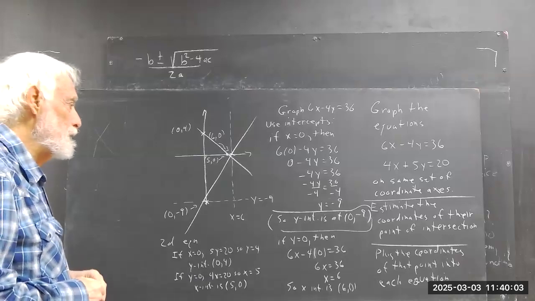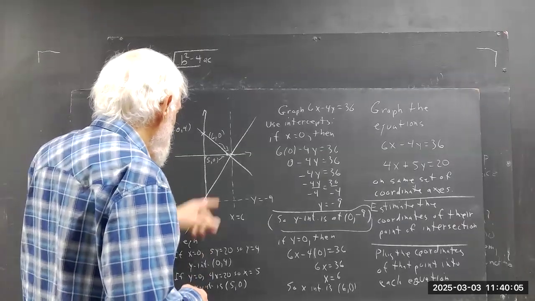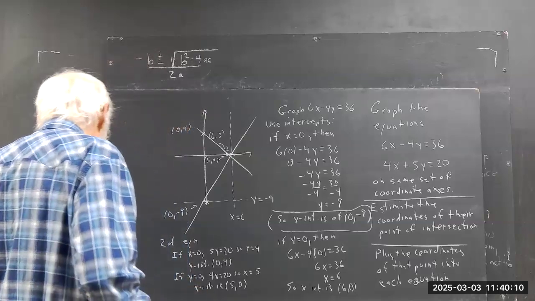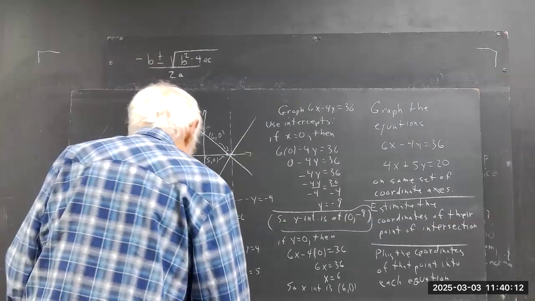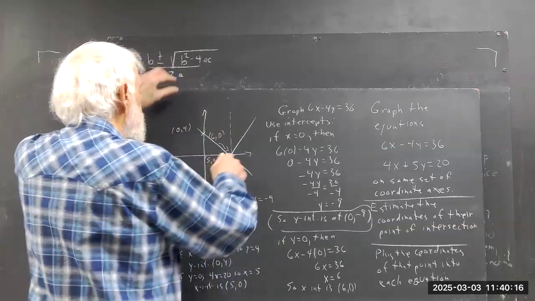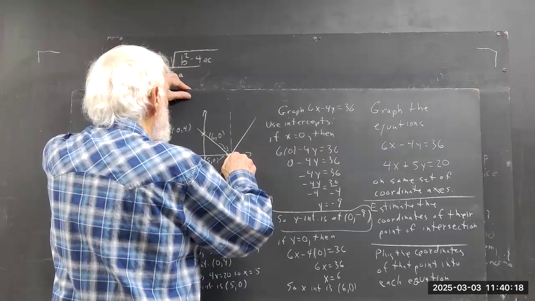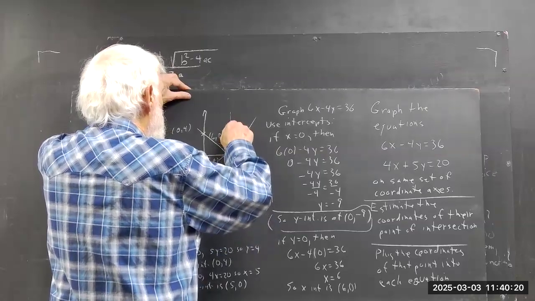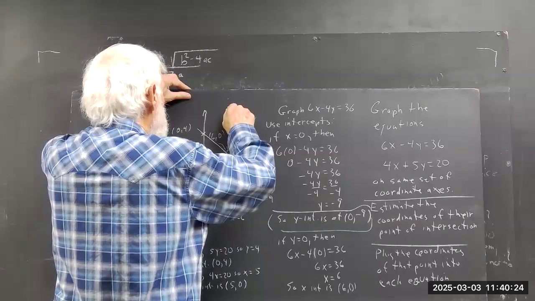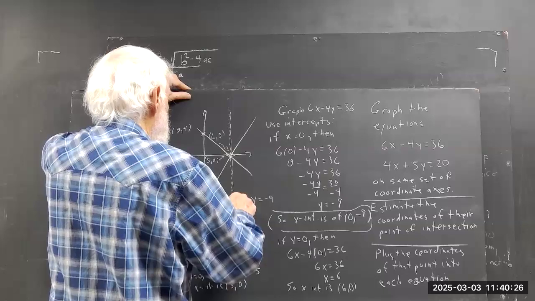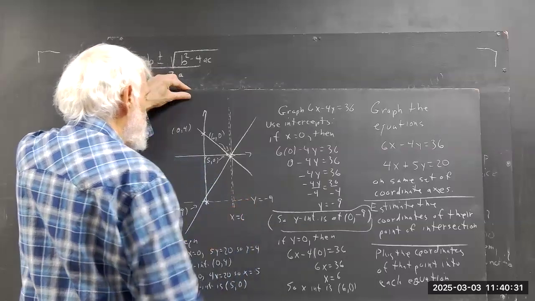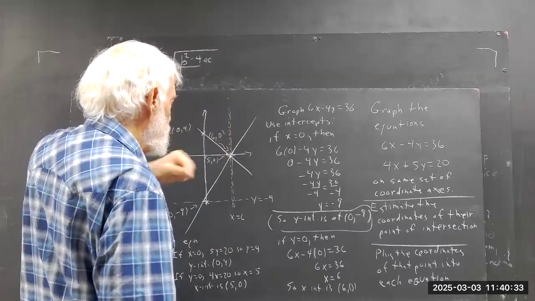When I draw my straight line, I estimate what these coordinates are. So here's my point of intersection. I draw this line here. If this is x equals 6, this is between 5 and 6.